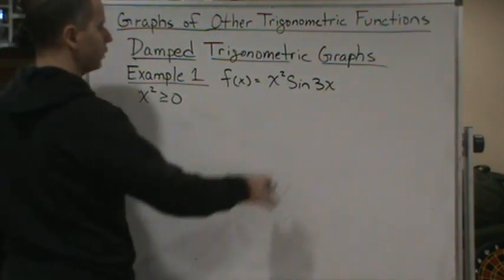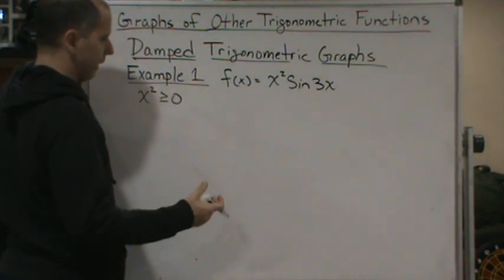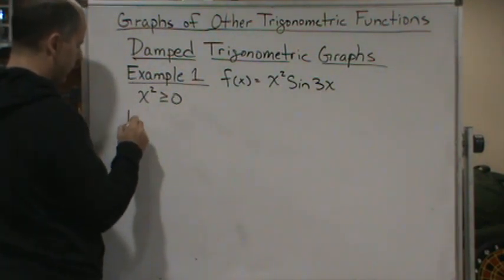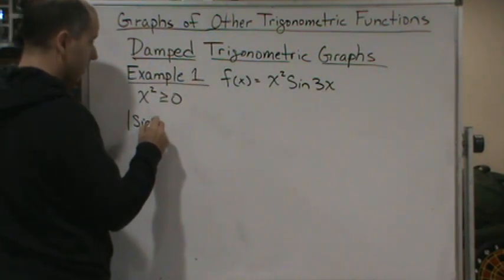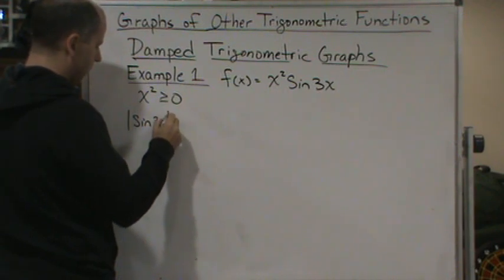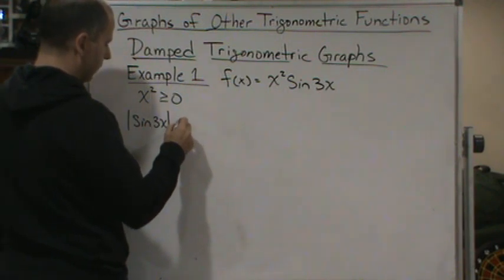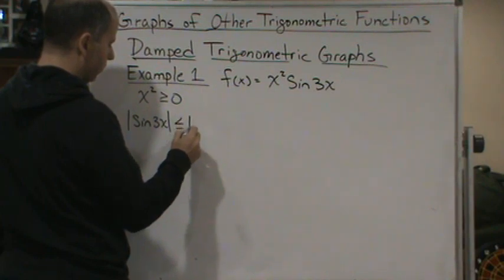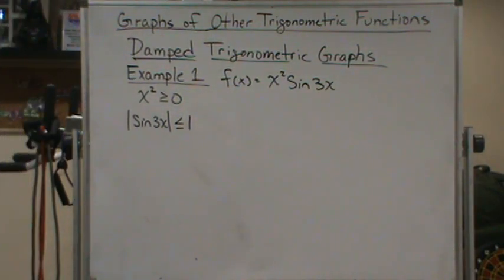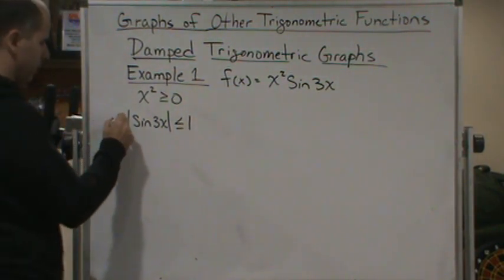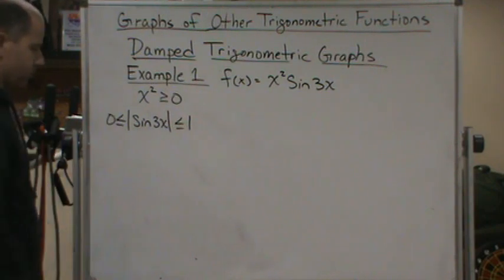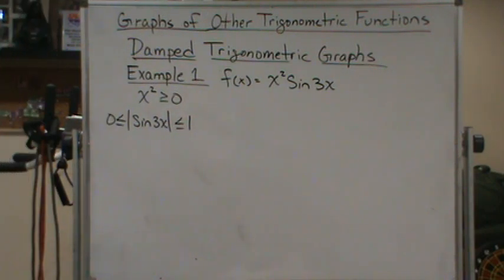Well, sine of 3x bounces between 1 and -1. So we know that the absolute value of sine 3x is going to be less than or equal to 1 and greater than or equal to 0.